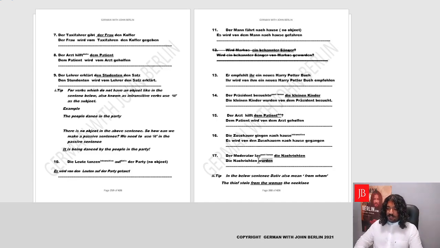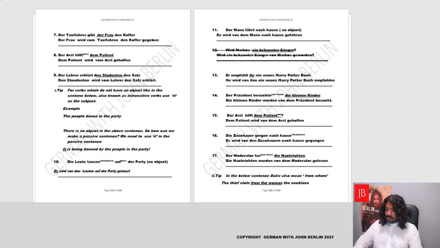So that's the third person plural. Die Nachrichten wurden from whom? Von. Moderator is masculine, so it's dem, der, dem, it'll be dem. Von dem Moderator. Very good. The verb is to read, lesen. In perfect, it's gelesen. Very good. Die Nachrichten wurden von dem Moderator gelesen.